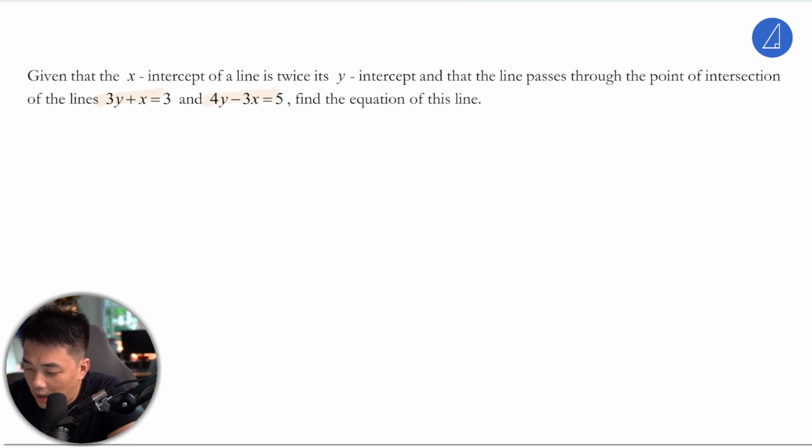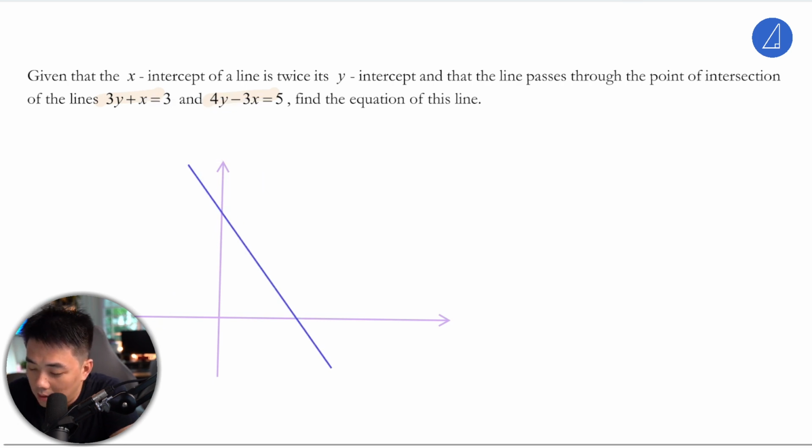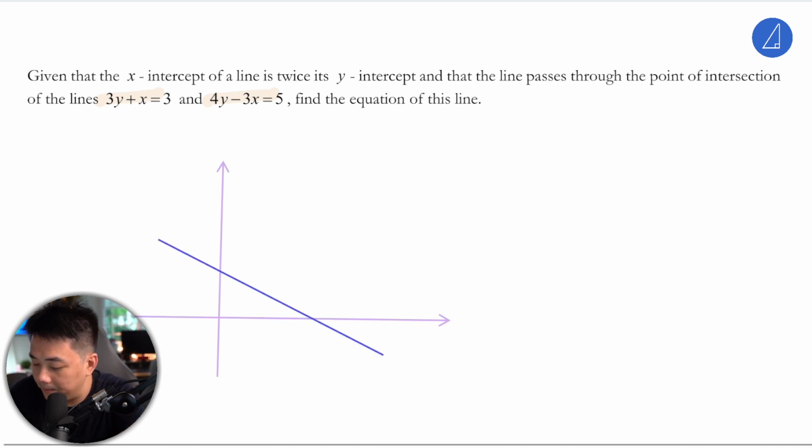Okay, great. I'm not too sure, but what I can tell you is that we don't really know whether this line has a positive gradient or not. It could be positive sloping or not, but we're just going to draw it out. The x-intercept is twice the y-intercept.